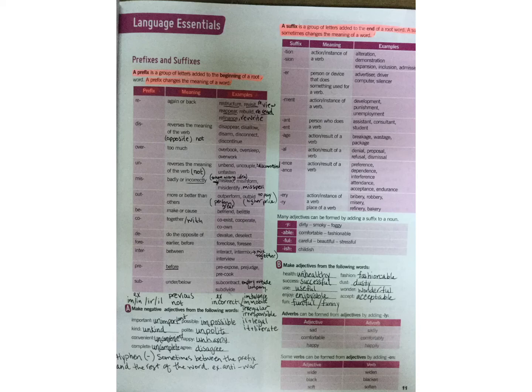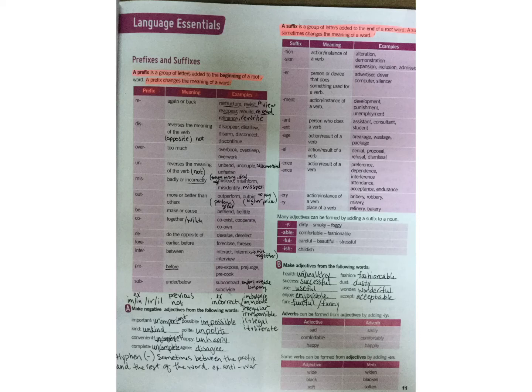We have mis, M-I-S, as a prefix, meaning badly or incorrect. We have lead, inform, spell. They change to mislead, misinform, and misspell. What does misspell mean? Misspell means you are spelling a word incorrectly.